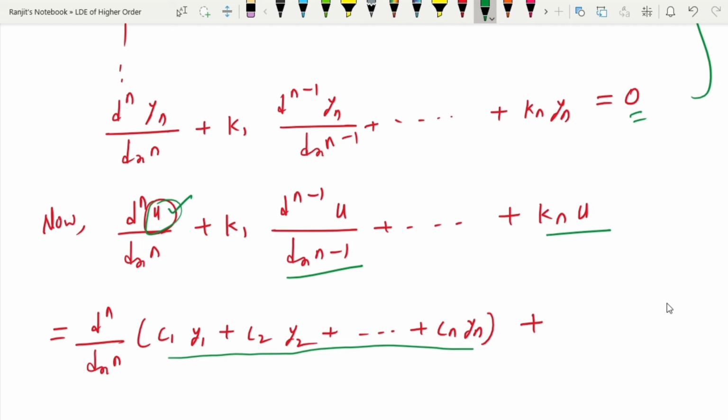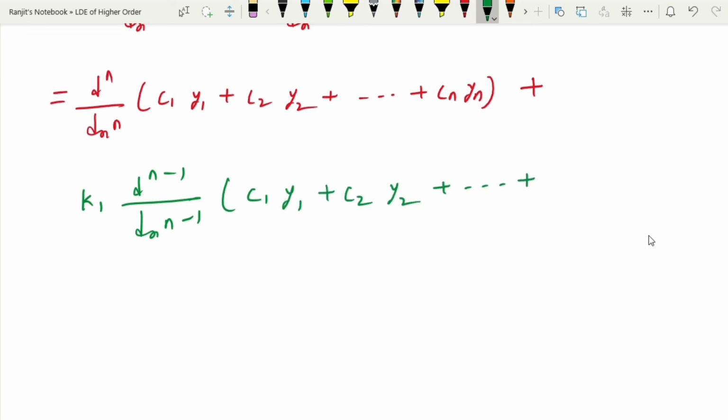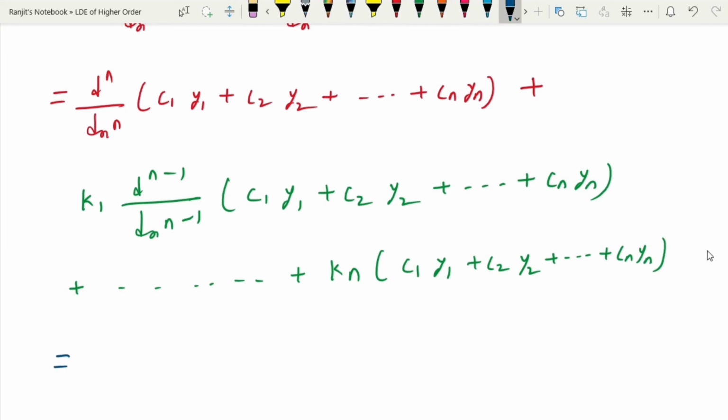Therefore, d^n u/dx^n + k1 d^(n-1) u/dx^(n-1) + ... + kn u is equal to, now this d^n/dx^n of u, where u is equal to c1y1 + c2y2 + ... + cnyn, plus k1 times d^(n-1)/dx^(n-1) of u, again u being c1y1 + c2y2 + ... + cnyn, plus ... plus kn times u, being c1y1 + c2y2 + ... + cnyn. Now simplification of this.